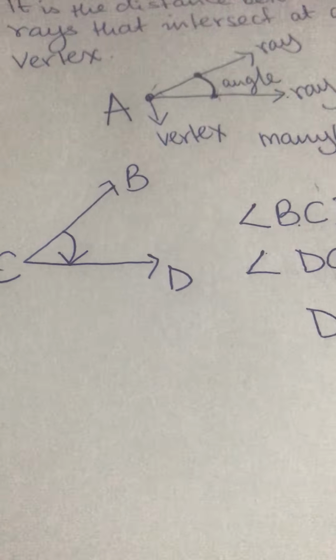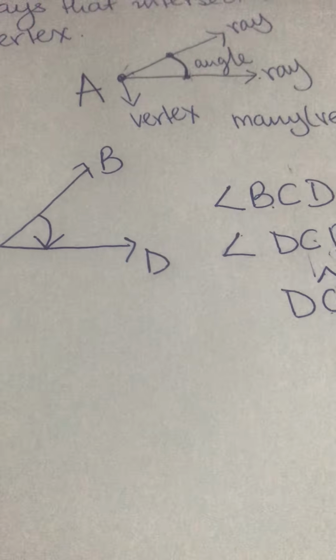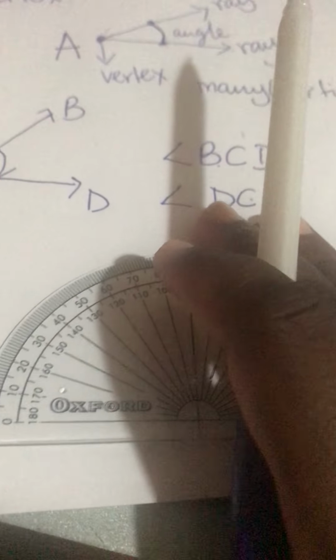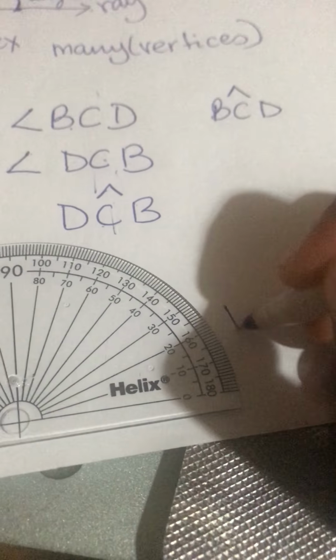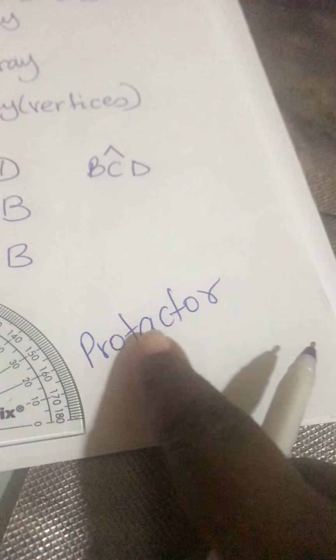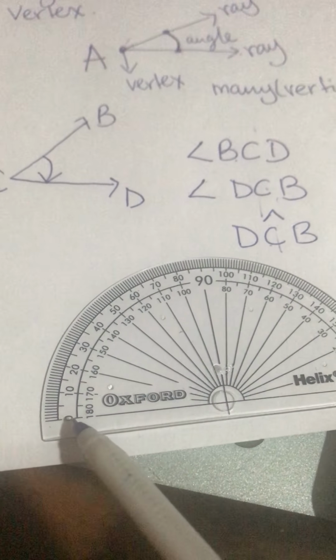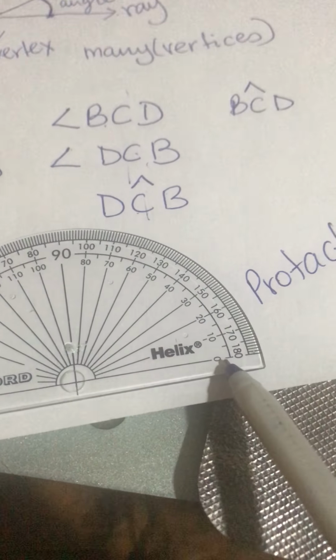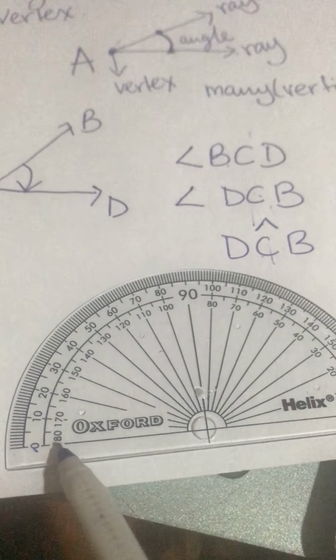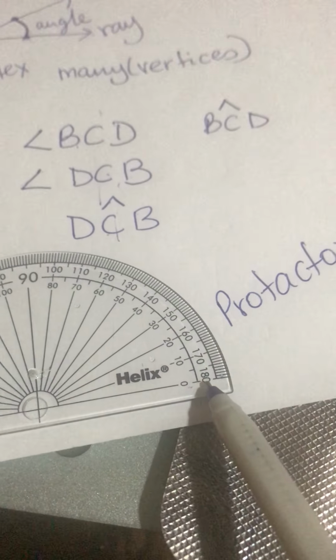Now, there are different types of angles you should know. But before that, I should introduce you to this tool. This tool is called a protractor. Please download a picture, cut it, and glue it in your book. Now, every protractor has two zeros. Do you see that? The highest angle you can measure on a protractor is 180 degrees.